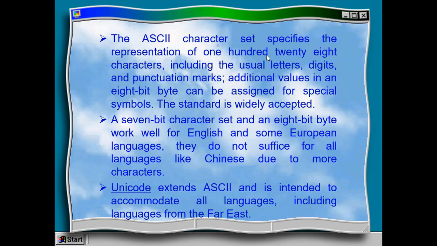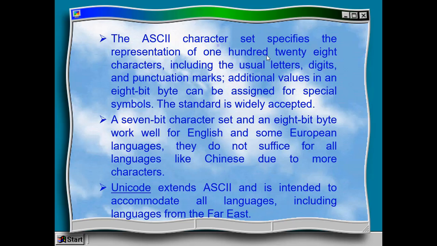In other cases, the computer programmer extends the character set to accommodate other people, like the people who did not use the ASCII character set, mostly the Chinese and people from the Far East. So there was the introduction of Unicode, which was an extension of ASCII.